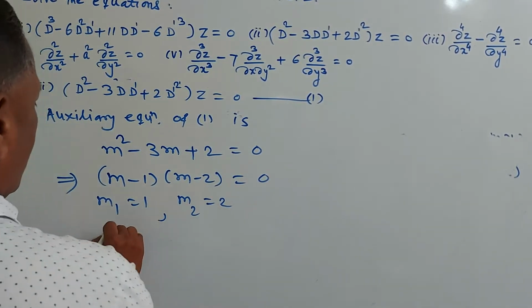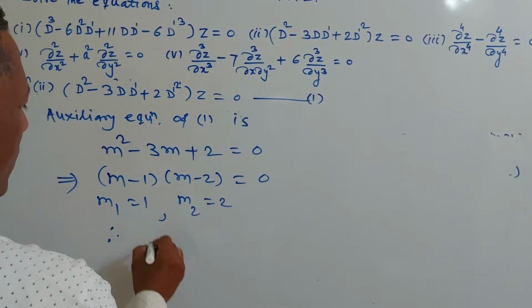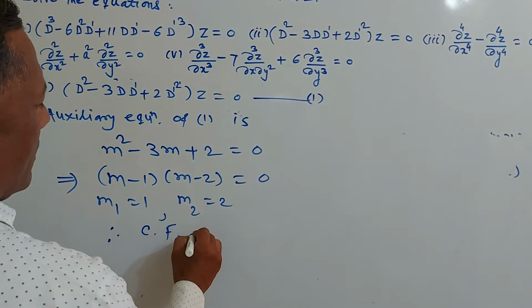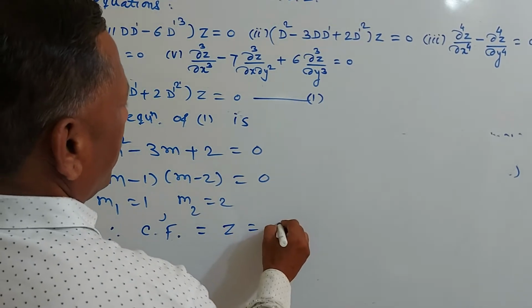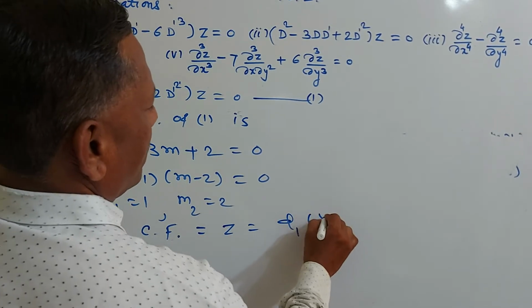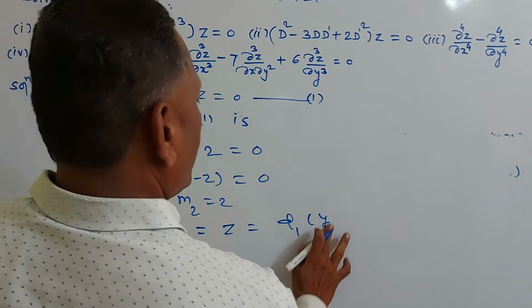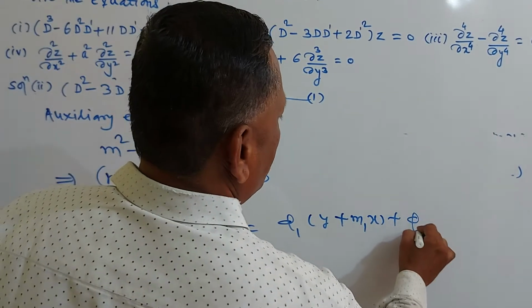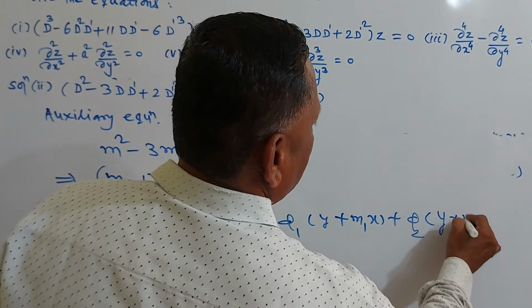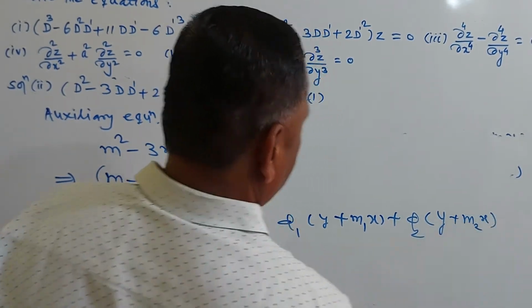Therefore the complementary function is z is equal to phi1(y plus m1x) plus phi2(y plus m2x).